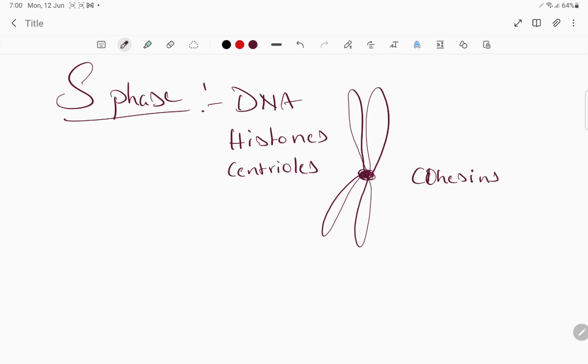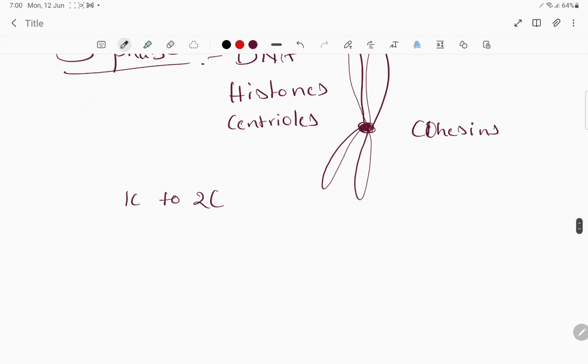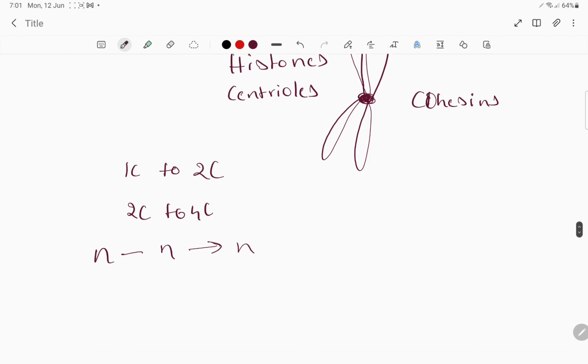The DNA content will be doubled: in haploid it goes from 1C to 2C, in diploid from 2C to 4C. There is no increase in chromosomal number. The chromosomal number before S phase is N, after S is also N, and after M is also N. If it was 2N, it will remain 2N. Centrioles duplicate at S phase in the cytoplasm.